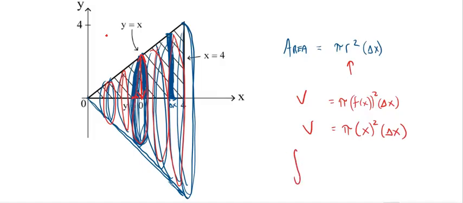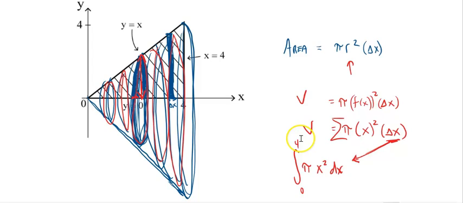Well, we integrate, and I go pi times the function squared, and then this delta x, over integration when we add everything up. Remember when the long way would be to add all these guys up, and then we transitioned using the fundamental theorem from adding up a bunch of things. We realized that was integration, and then this delta x becomes dx, and that gives me the sum of all of those disks, and I'm integrating from 0 to 4.